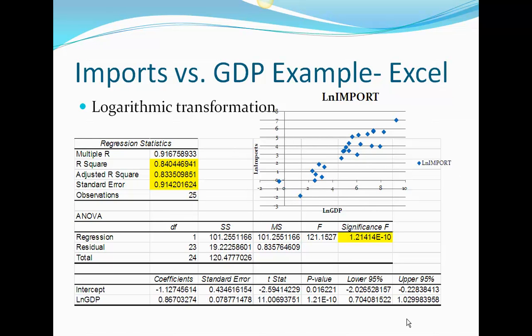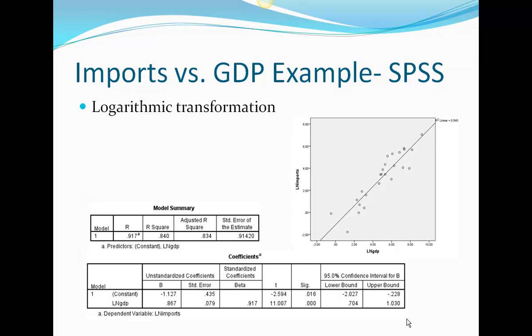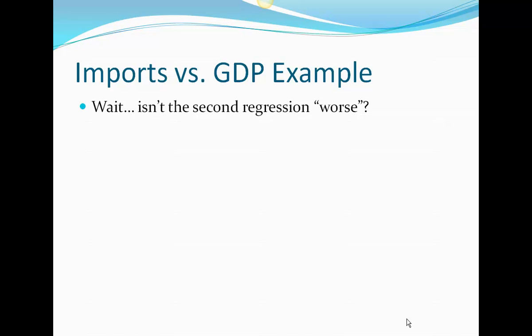So be really careful when you're doing your predictions: you put a number in there, make sure you perform that transformation once you put it in, and when you do your interpretation, make sure you undo whatever that transformation was. Here we see that information again using our SPSS relationships.